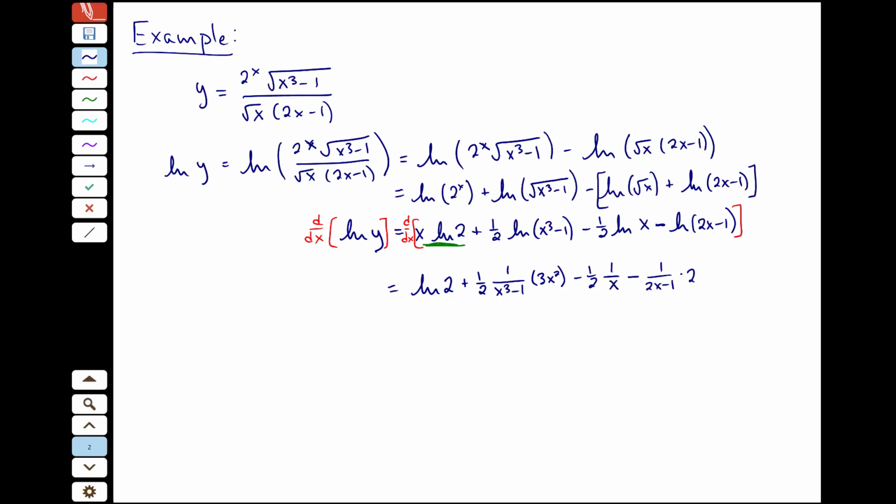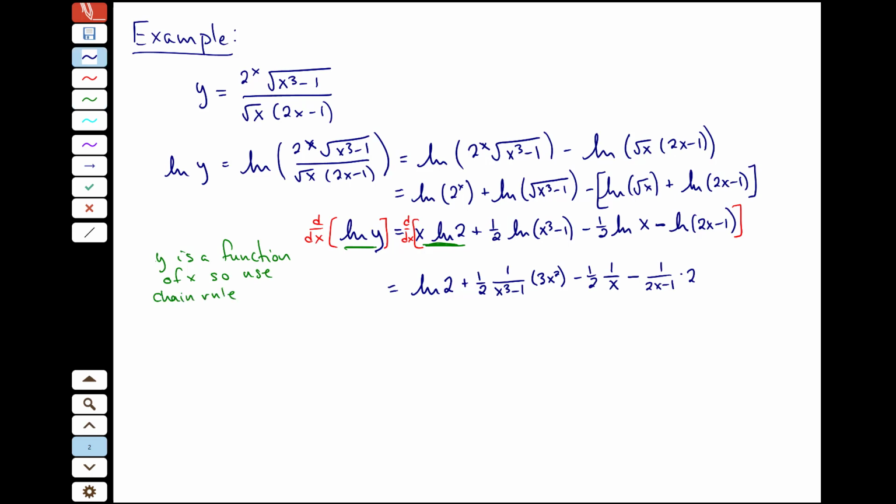On the left-hand side, remember that y is a function of x, so I have to use the chain rule on the left-hand side. So here, y is a function of x, so I have to use the chain rule.